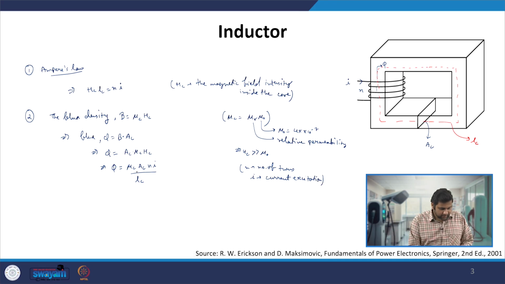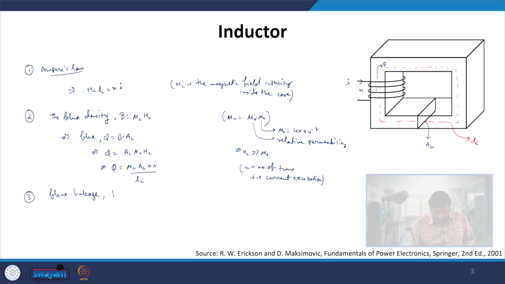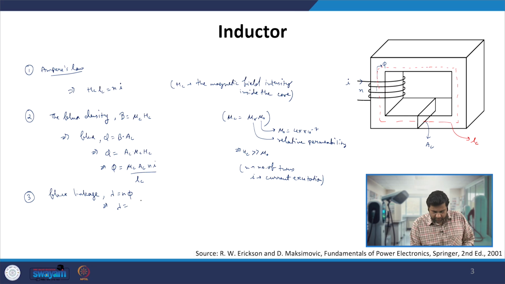Now, from here we can write the flux linkage in the entire loop, lambda, equal to n phi, and that gives lambda equal to mu c Ac n square I by Lc.